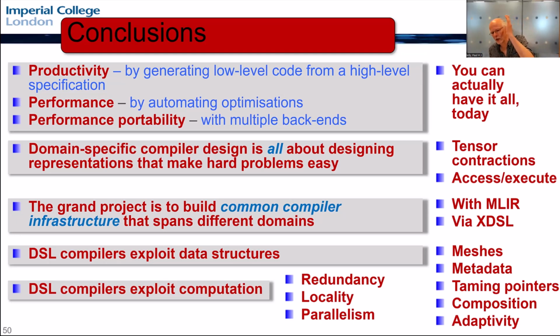So I mentioned earlier on, we tried to do this in density functional theory. It turned out to be really hard. Quite different application areas, ideally using common compiler infrastructure, and perhaps even thanks to using common compiler infrastructure, actually getting some kind of composability of these DSLs.